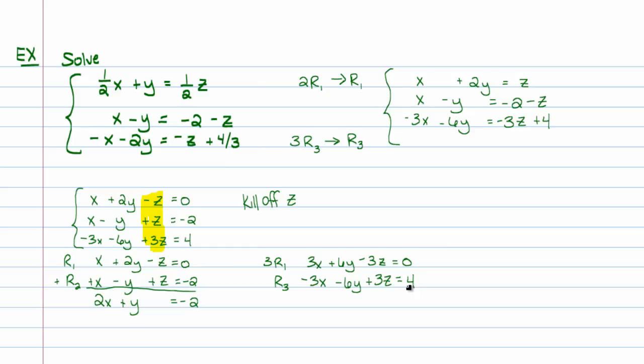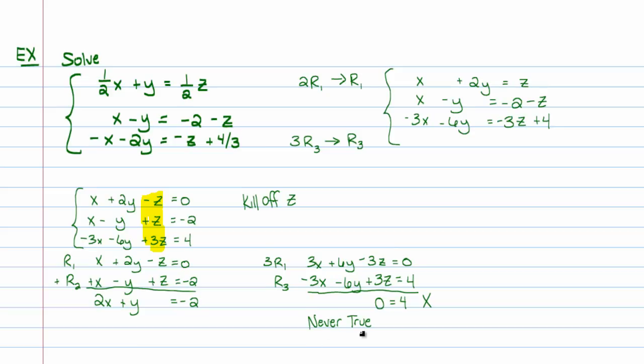I'm not really multiplying this by anything. And when you add these up, something strange happens. The x variables cancel, the y variables cancel, and the z variables cancel. So the left-hand side is 0, but the right-hand side is 4. And that is never true.